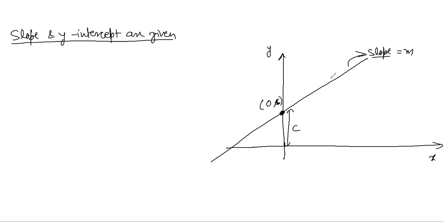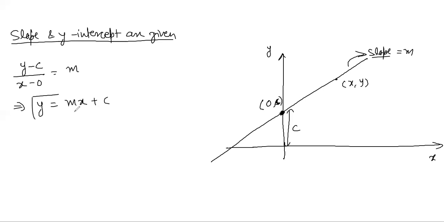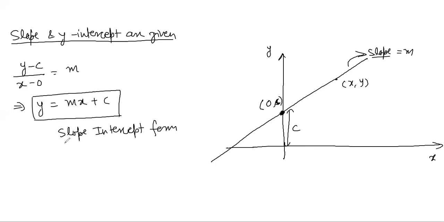Basically the equation of the line will be y minus c upon x minus 0 is equal to m. So y equal to mx plus c. This is known as slope intercept form.